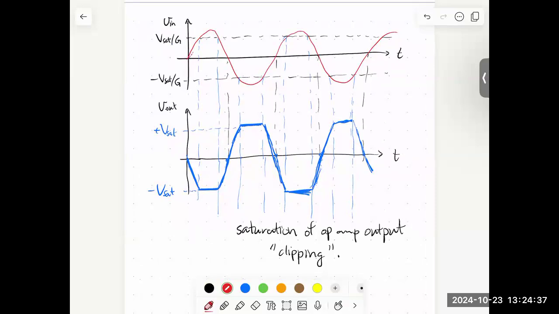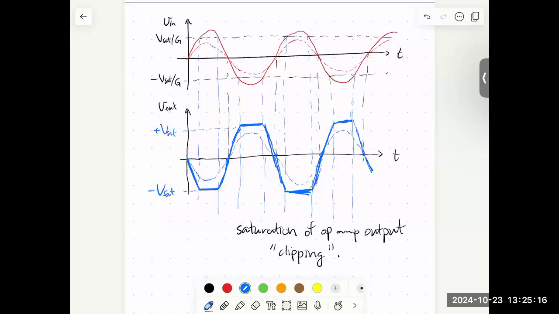So let's suppose I draw another red curve that doesn't cause saturation, and it might look something like this. So this dashed line. And then the corresponding blue dashed line would be one that wouldn't clip, and it would look just sinusoidal. Again, I may not draw it perfectly, but it would look something like this. Okay, so no clipping.